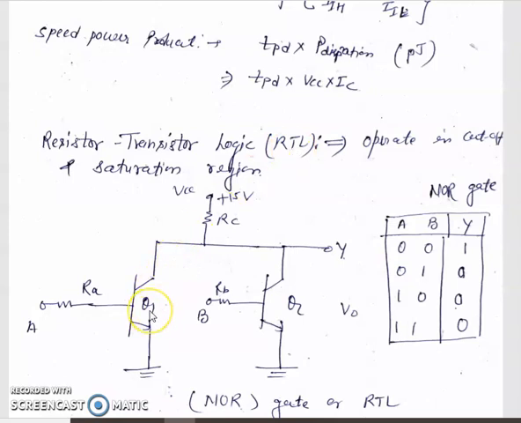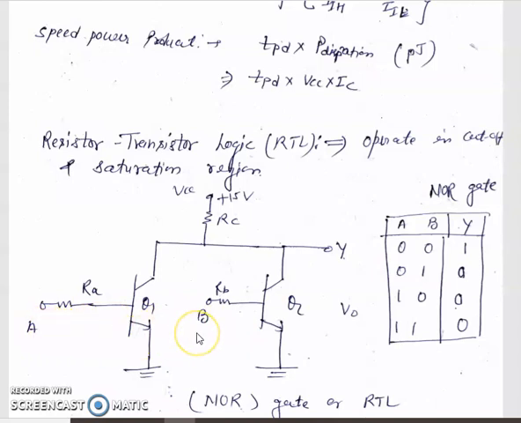So here are two transistors Q1 and Q2 with resistors RA and RB, that is the input A and input B, and we take the output here at the Y terminal. This is VCC 15 volts, that is the RC collector resistor, and that is grounded. When we connect two transistors like this, the circuit is formed like a NOR gate. How? Check.